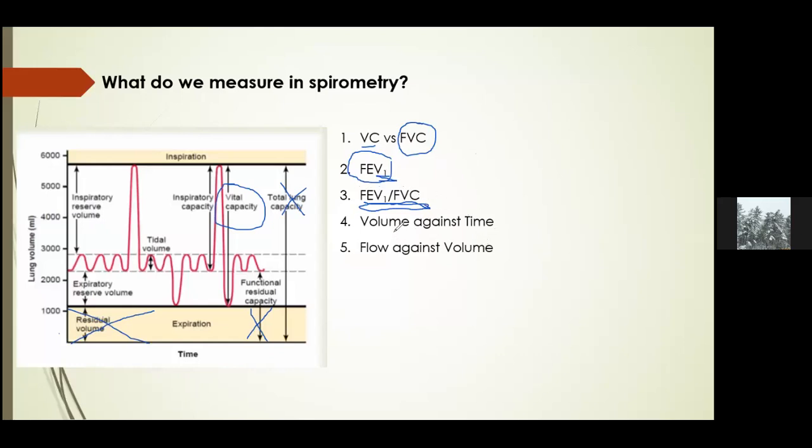The other thing you measure is volume against time. You can look at how much volume goes in within a given period of time, and it will give you a given graph. That is the time volume chart. Against another one, we are going to look at the flow volume chart.